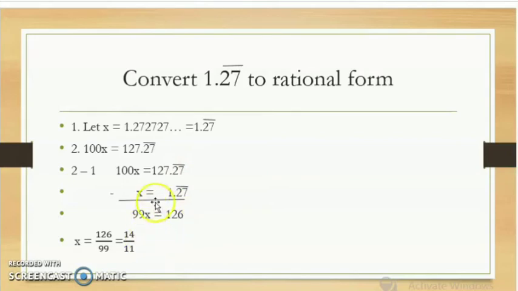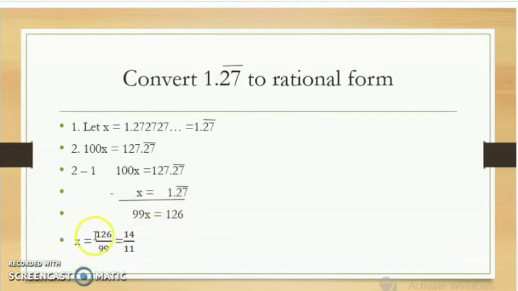So the idea is to make the repeating digits go away. And how do we do that? We multiply by suitable numbers to make them the same in the first equation and second equation. Then we subtract them so that they get cancelled, and we get a linear equation in which there are no repeating digits in the decimal expansion.